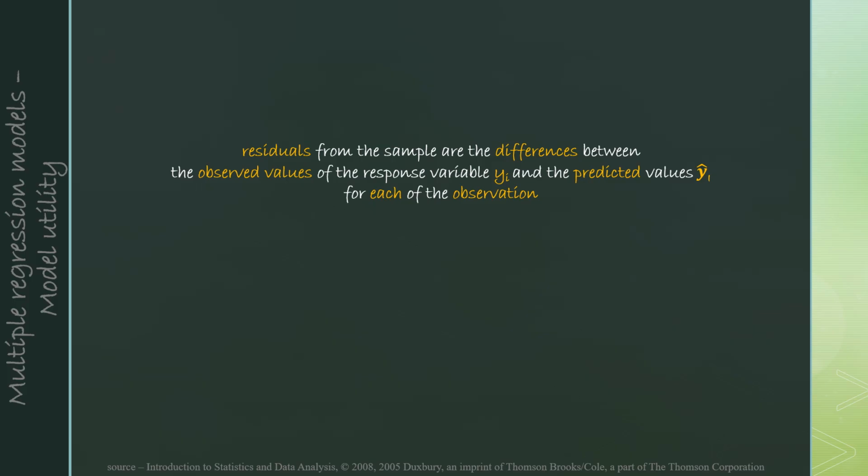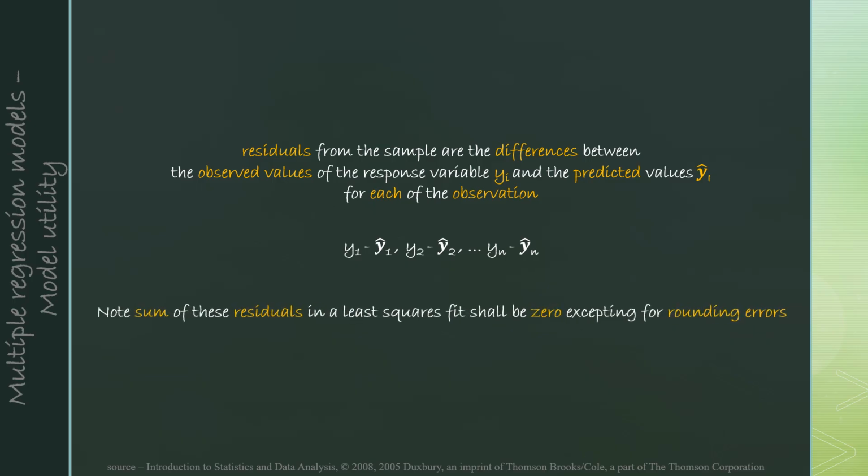Residuals from the sample are the differences between the observed values of the response variable yi and the predicted values yi hat for each of the observations, as in y1 minus y1 hat, y2 minus y2 hat, and so on, yn minus yn hat. Note, some of these residuals in a least squares fit shall be 0 excepting for rounding errors, which is the same as in the case of simple linear regression.